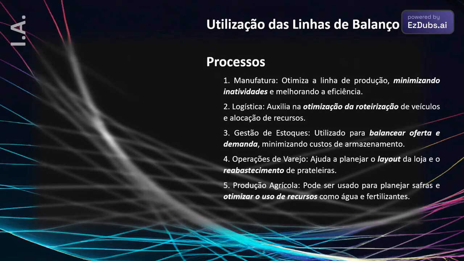Management. Inventory management used to balance supply and demand, minimizing storage costs. 4. Retail operations. Helps plan store layout and shelf replenishment. 5. Agricultural production can be used to plan harvests and optimize the use of resources such as water and fertilizers.